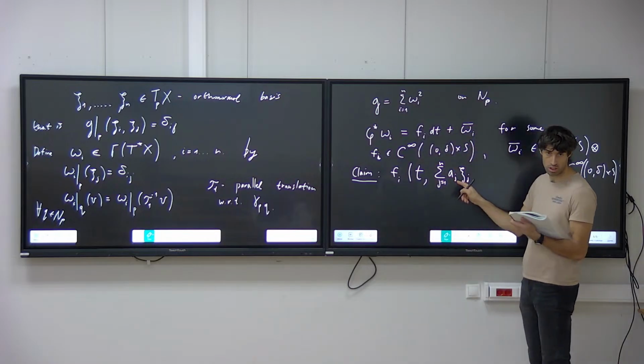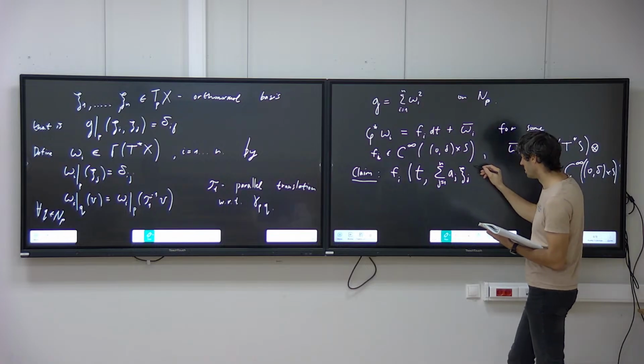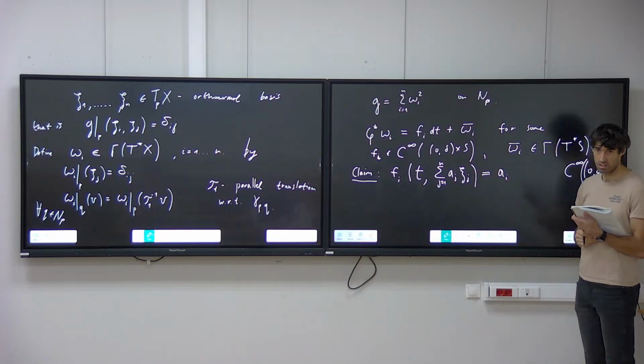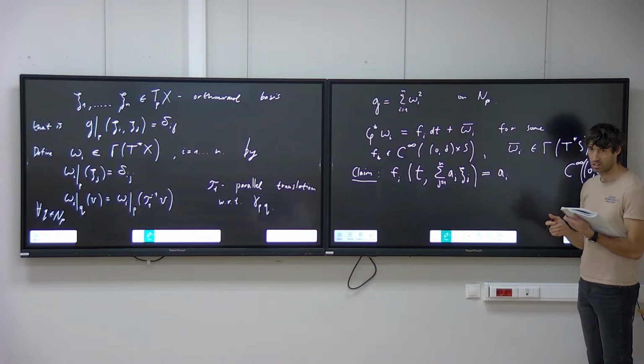The sum of squares of aj is 1 because this guy is on a sphere. All right. So I claim that this is just ai. So it takes this and gives me the value ai.